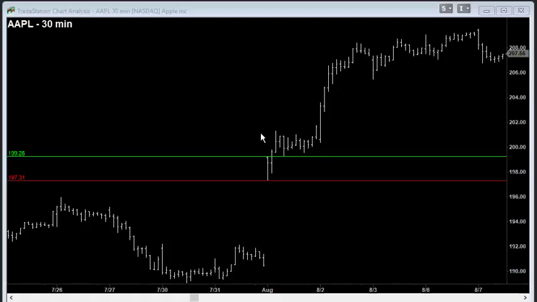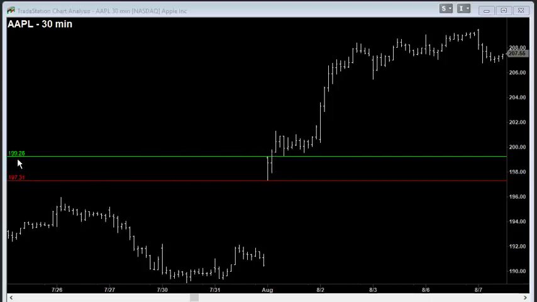An opening range breakout is: the stock opens, and the range of the first 30 minutes in this case was about 199.26 down to 197.31. You can see the prices here to the left. What you would do is wait for that first bar to develop and then buy the breakout past that bar.